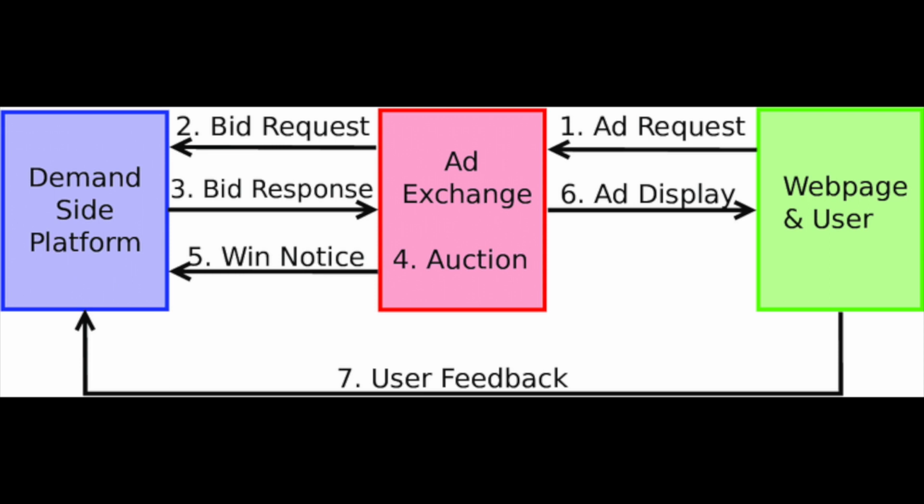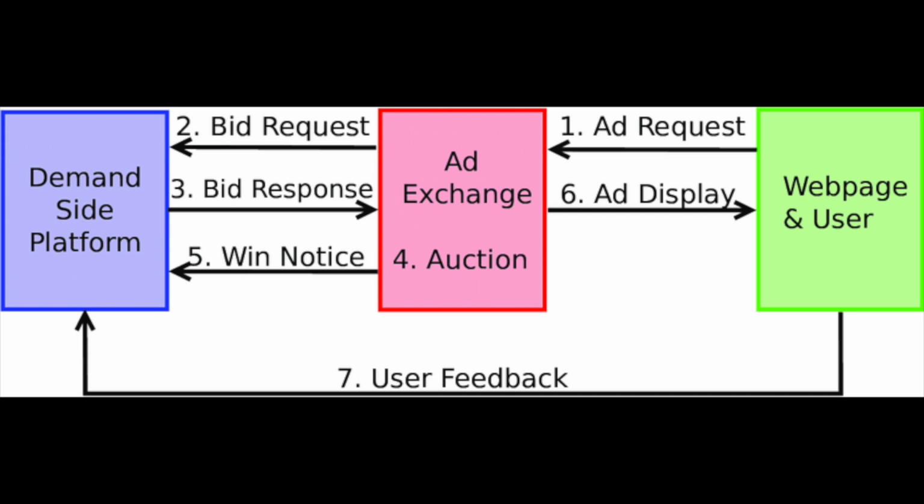Now all the bidders participate in this auction, and they are sent all the user related information in the form of a bid request. They are also passed the context of the page, and this is passed in the form of a bid request to all the buyers.